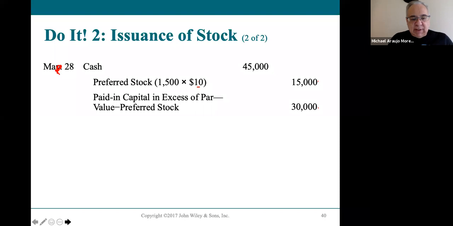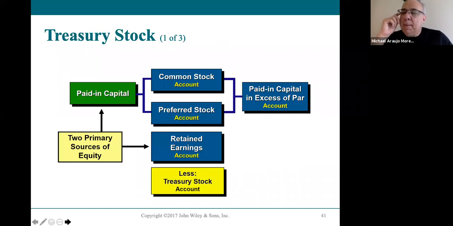So the first part of this is making sure we understand the issuance of stock and how to do the accounting there. But public companies, since this book is on public corporations, you've probably heard of corporations buying back their shares. As a matter of fact, that's one of the bigger criticisms of the tax cut that happened in 2017.